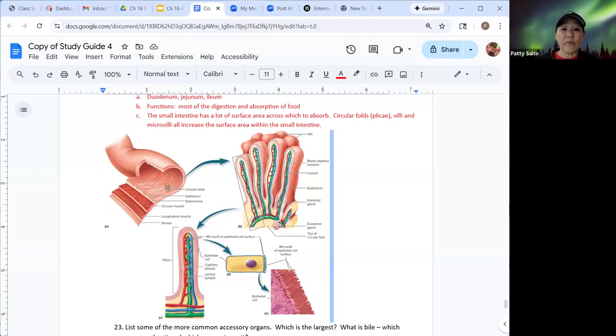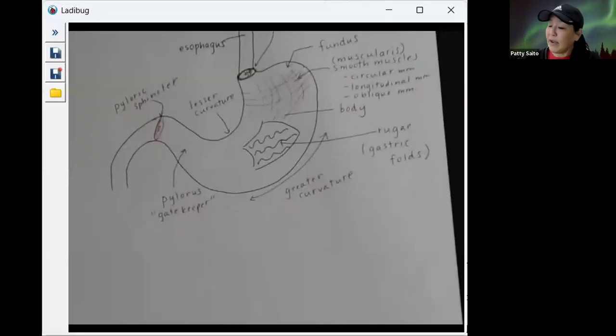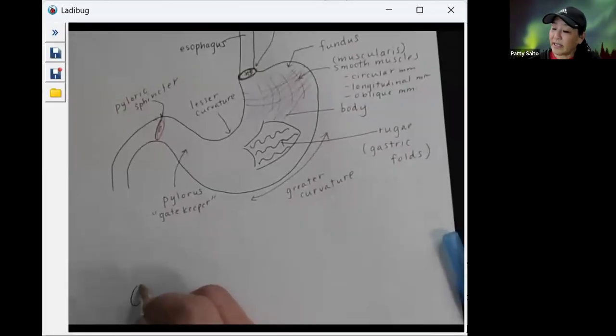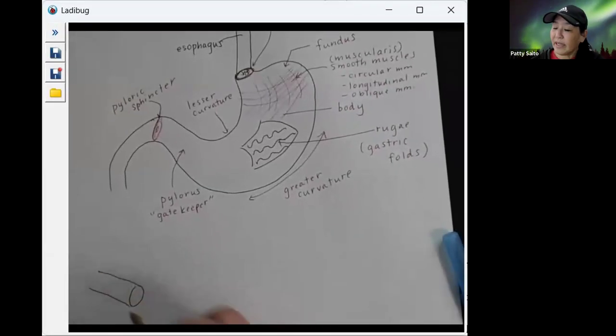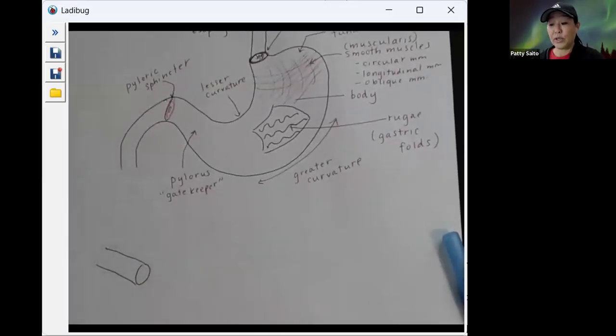Actually, let me draw this. We can come back to this and look at the picture, but I think I draw it better. If we look at a tube like this, there'd be a certain amount of surface area for which to absorb all the nutrients.